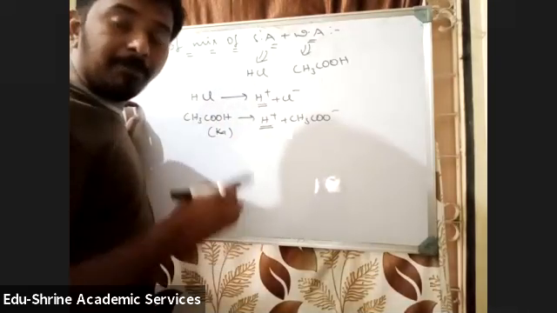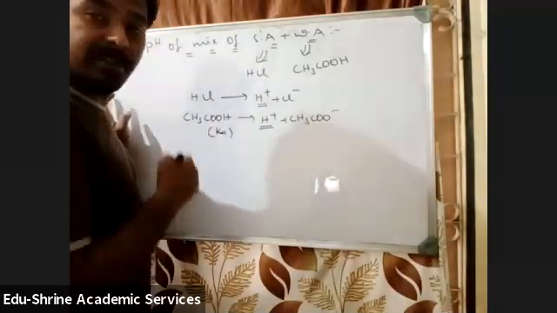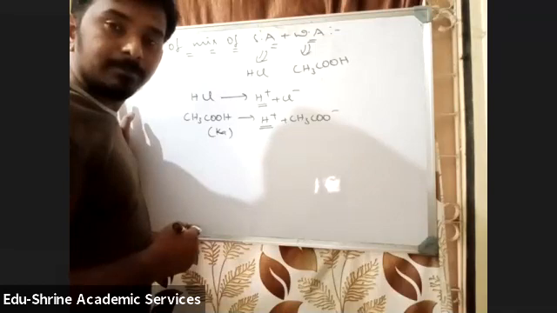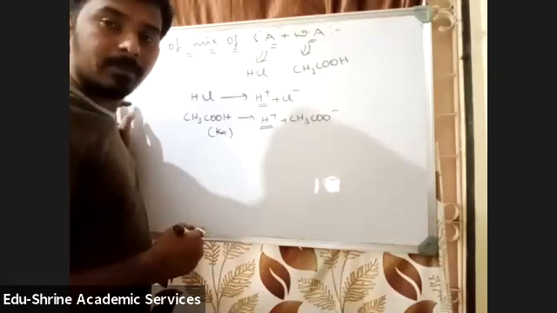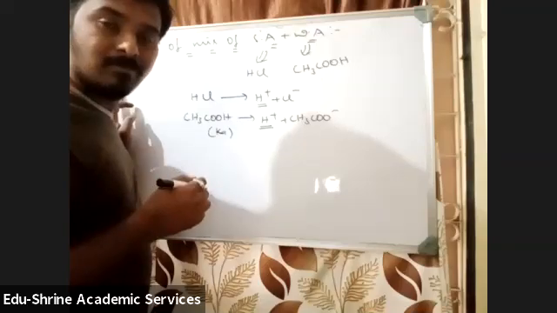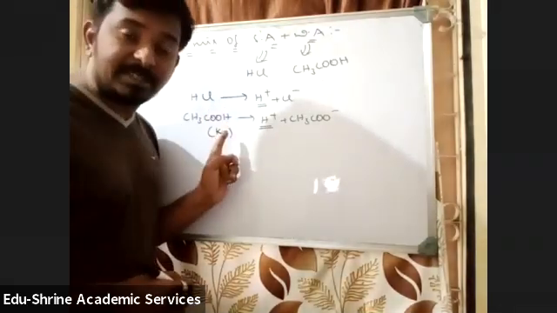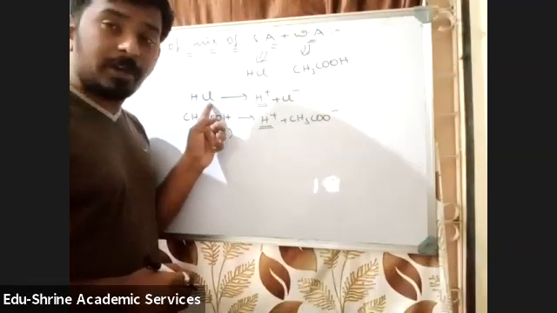Now tell me, from where will you get more H plus ions, from HCl or from acetic acid? This is a strong acid, no?